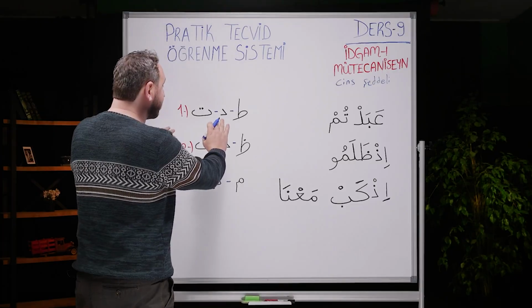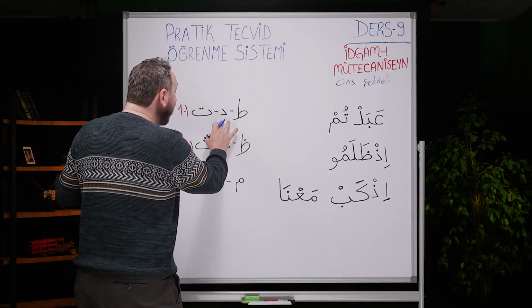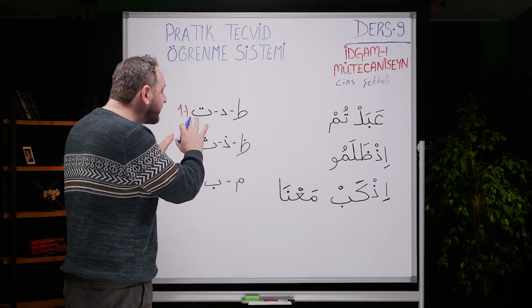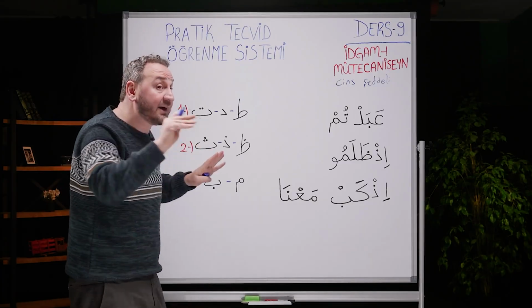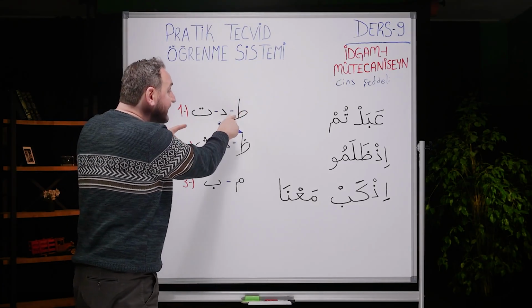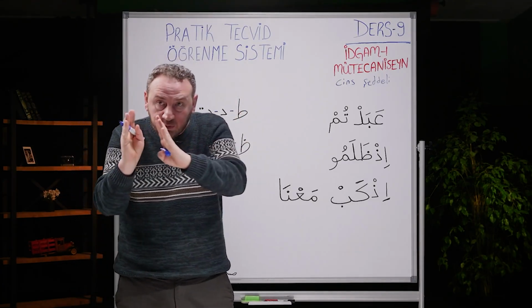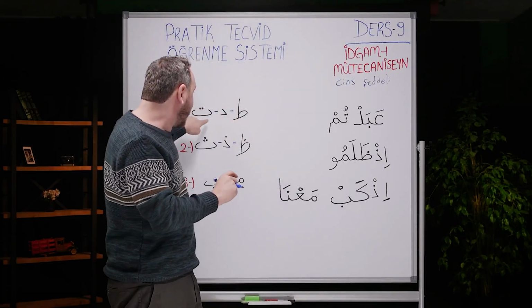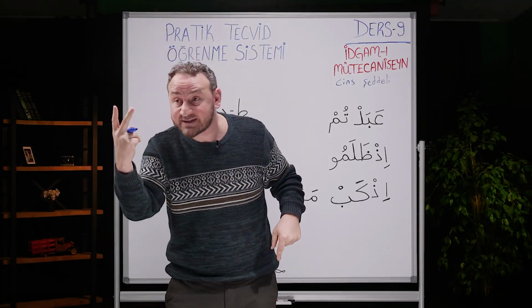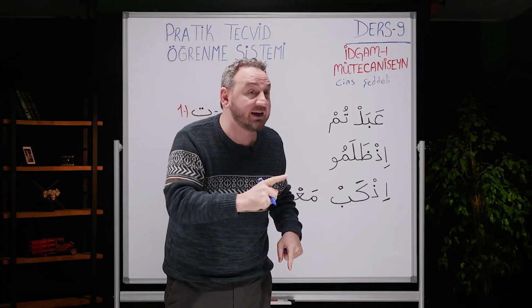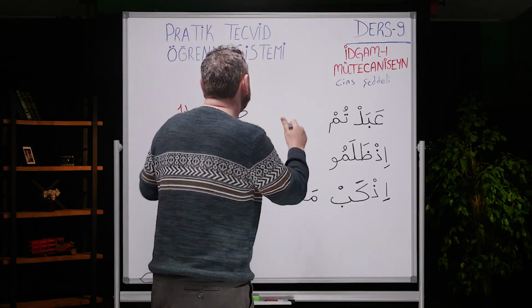When we're reciting the Quran, ta, dal, te, any two letters that are of the same kind, it could be ta, ta, or dal. It doesn't matter. Would it be enough if two of these three letters came next to each other? No. Let's show this one first.